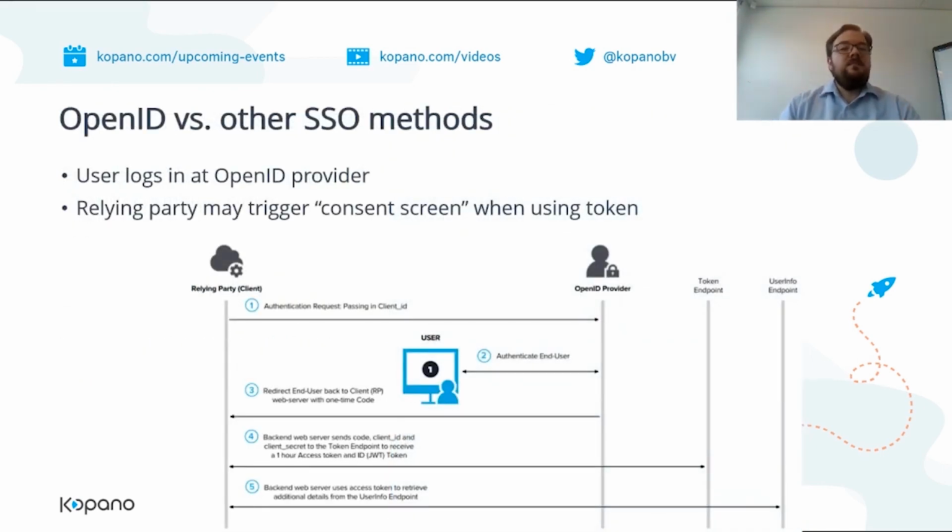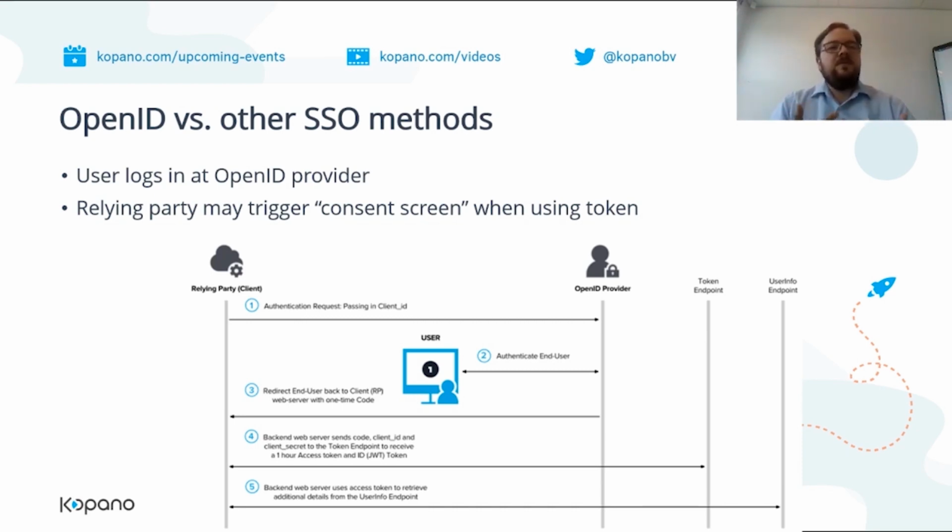Yeah, and of course there are other methods of using single sign-on, and just because we ourselves have chosen OpenID Connect, you may already have some sort of single sign-on provider like SAML or Kerberos in your internal environment.